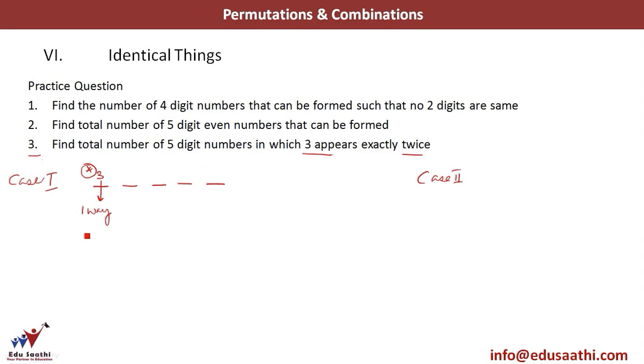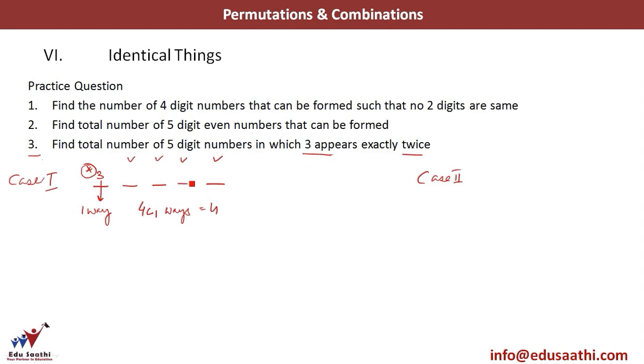Now since 3 has to occur 2 times, out of these 4 places, there is one more place where 3 will come. Just one more place. So in how many ways can I choose the space where 3 will occur? In 4C1 ways, or in other words 4 ways, because it can occur in any of these 4 places.